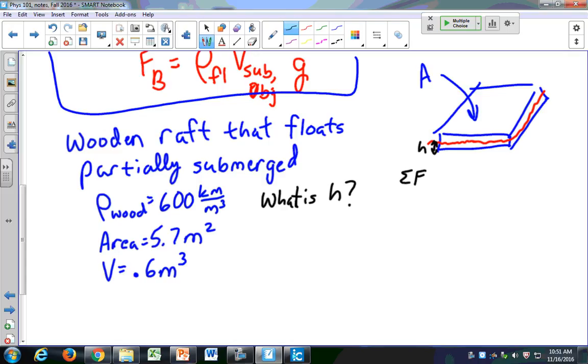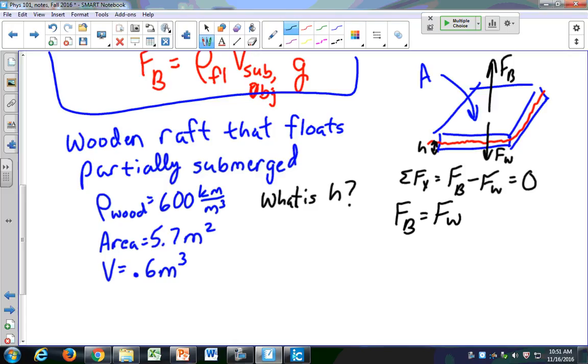So I could say the sum of the forces in the y direction, that's the force buoyant, Fb, which is up, minus the weight, Fw, which is down, has to equal 0. So the buoyant force has to equal the weight of this raft. Further, I know that the buoyant force is equal to the density of the fluid times the volume of the object, although in this case it's not the full volume of the object because only part of it is submerged.